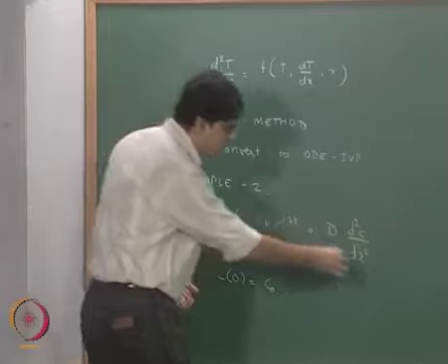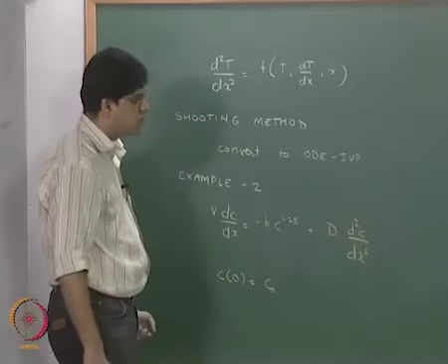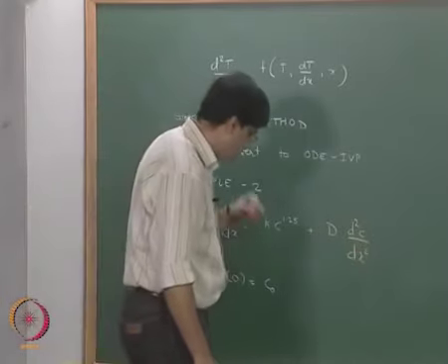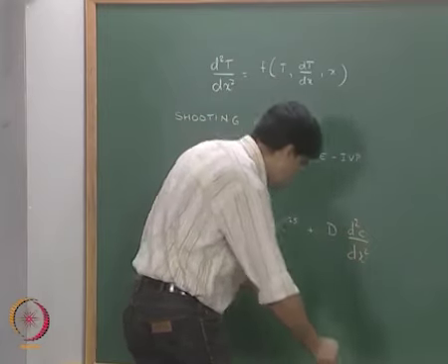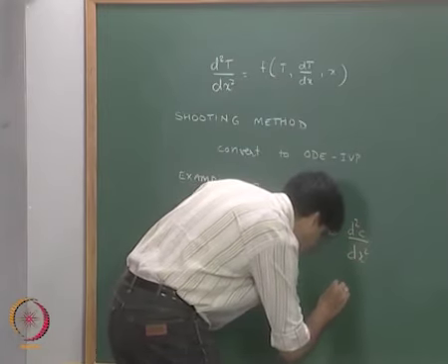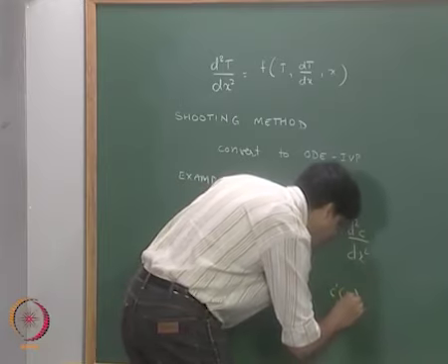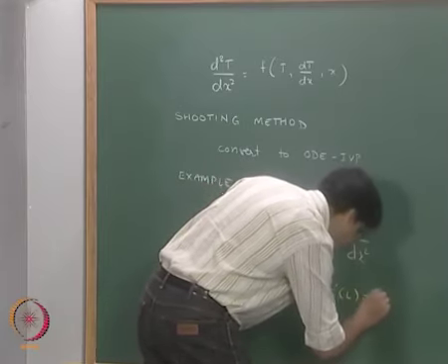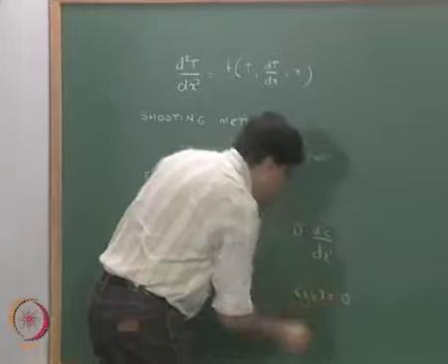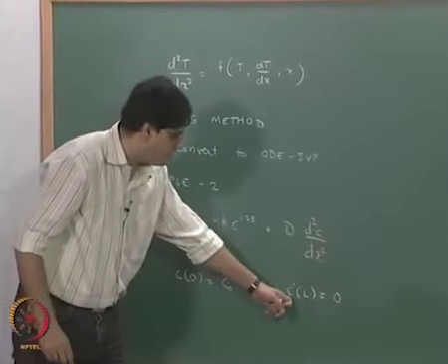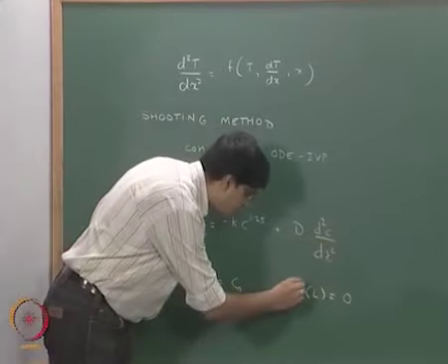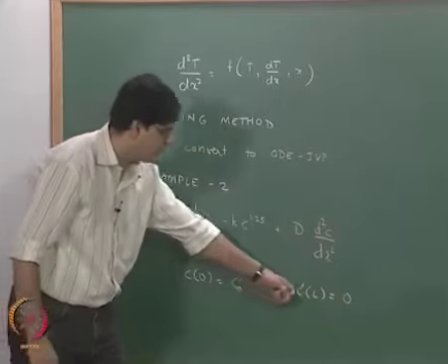With d squared C by dx squared also included, we will need a second boundary condition, and typically the second boundary condition is, as we had seen, C dash of L equal to 0.